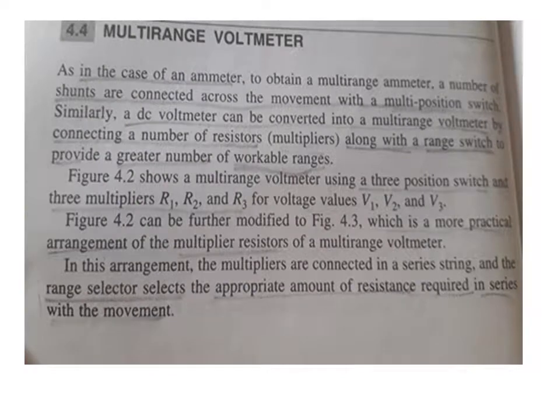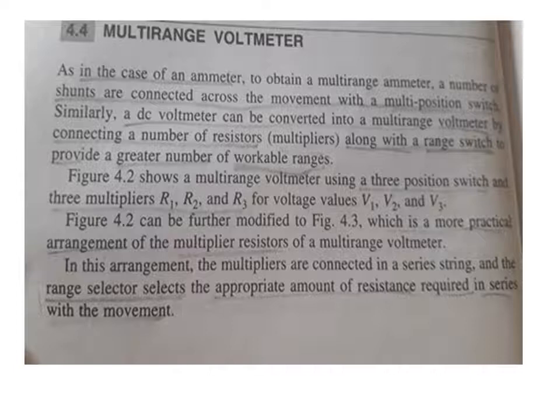Next topic is the multi-range voltmeter. As in the case of the ammeter, to obtain a multi-range ammeter, a number of shunts are connected across the movement with a multi-position switch. Similarly, a DC voltmeter can also be converted into a multi-range voltmeter by connecting a number of resistors, that is multipliers, along with a range switch to provide a greater number of workable ranges.